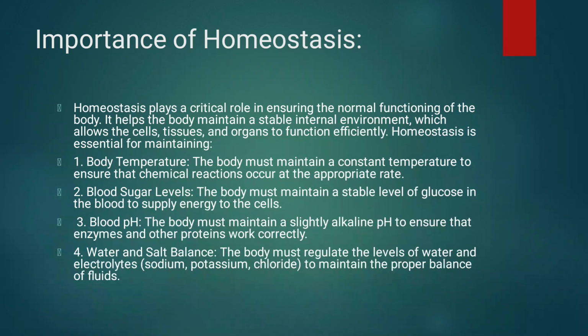The body should maintain a slightly alkaline pH, and only then will our enzymes and other proteins work correctly. It is also needed for water and salt balance. The body must regulate the levels of water and electrolytes to maintain a proper balance of fluids.